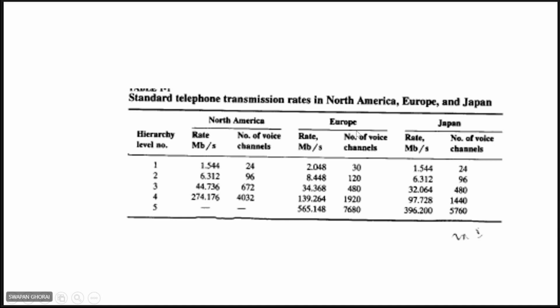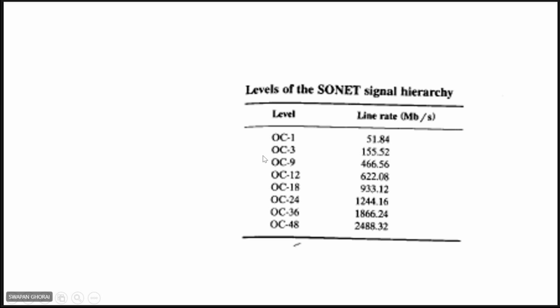And this is in US, and there are different hierarchies in other countries other than US. Right. And another version is used in optical fiber system hierarchy. That is actually, we have seen this SONET, synchronous optical network, that is in US, and in India it is used, the term is SDH, synchronous digital hierarchy, SDH.